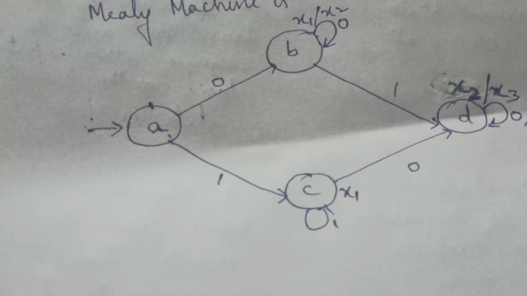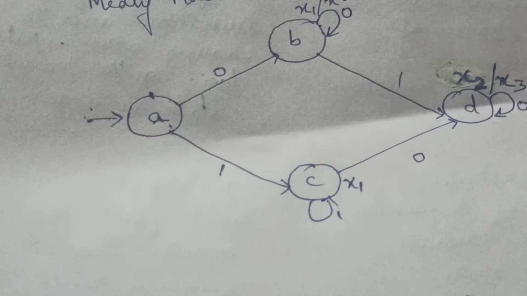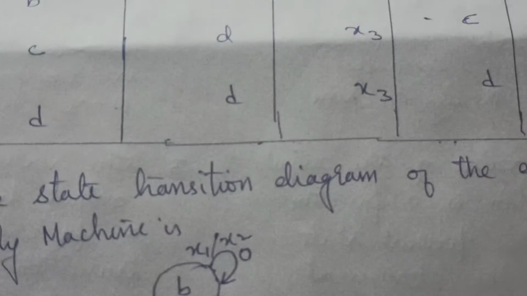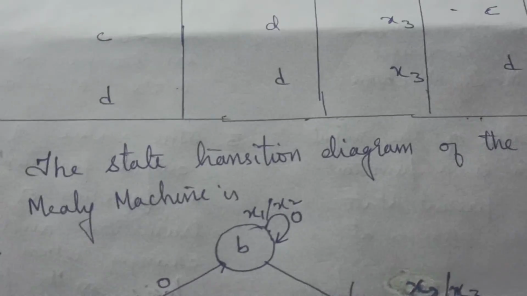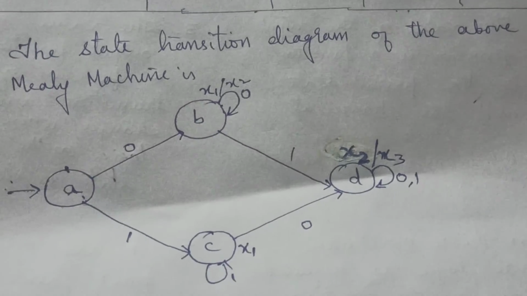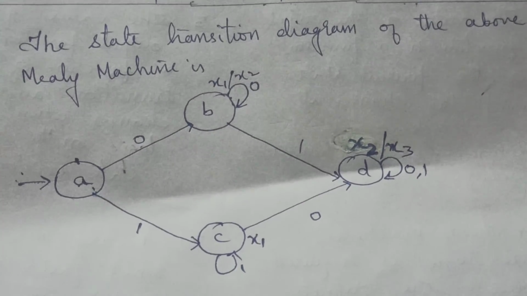This is called a self loop. But output is, one output is x2, another output is x3, you can see here. So we have written already x2, x3 is written. So this is about your Moore machine and Mealy machine.